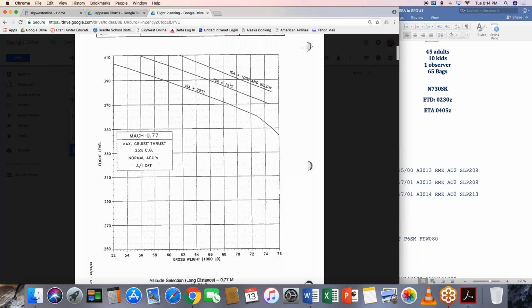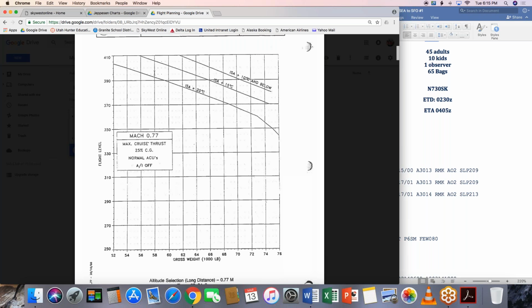Everybody good with that? What does TOC stand for again? Top of climb. This side would be top of descent, TOD, and then this is our destination. So we can put San Francisco here.